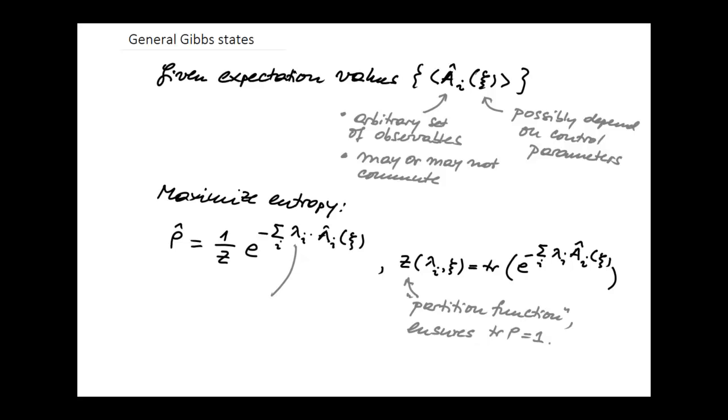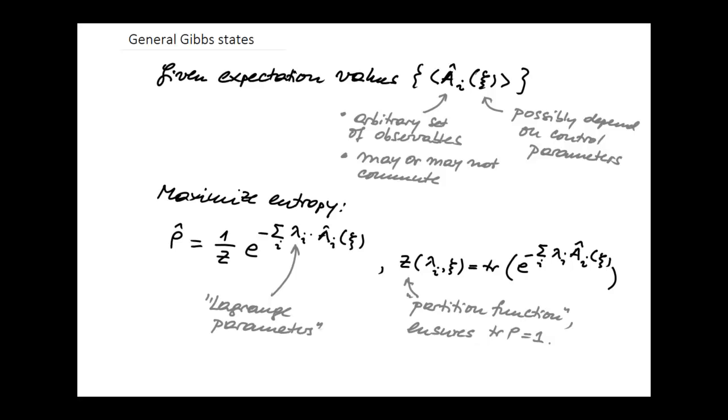The lambdas that appear in the exponential are the so-called Lagrange parameters associated with the relevant observables, A_i.